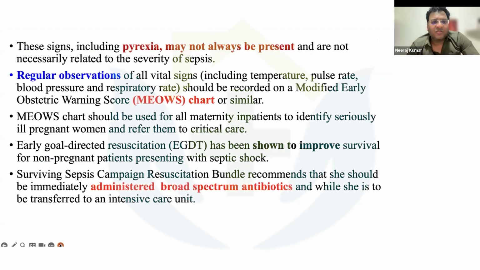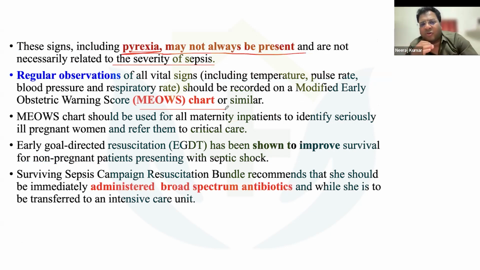That's it. So here, how will you approach these patients? By looking for the signs of pyrexia. This may not always be present and is not necessarily related to the severity of sepsis as well. That's why the MEOWS chart or modified early obstetric warning score may be used for these patients, apart from your regular observation of all important vitals.